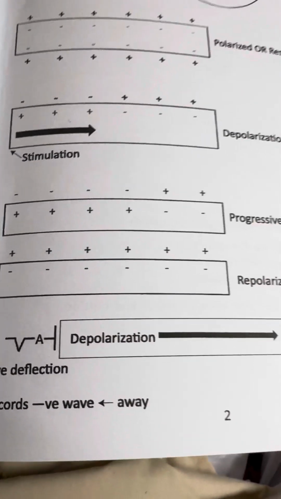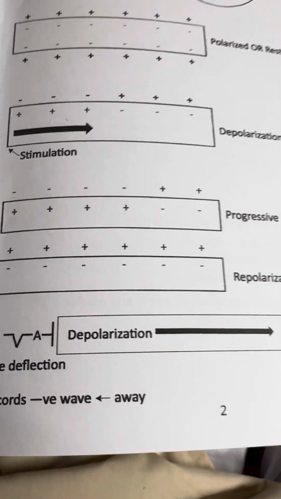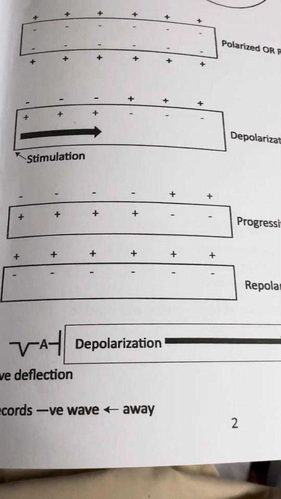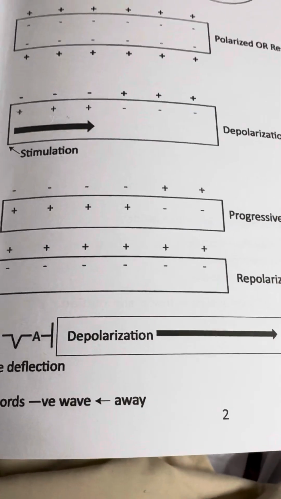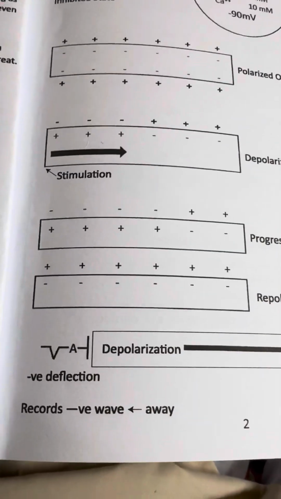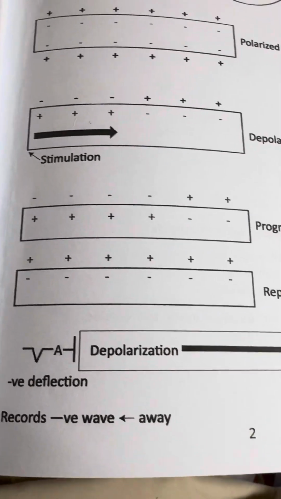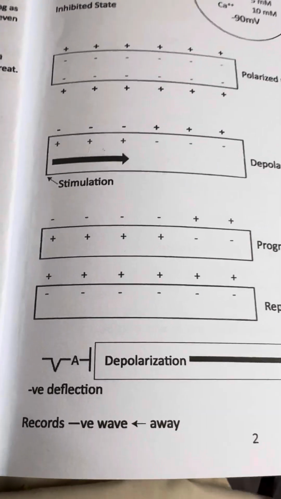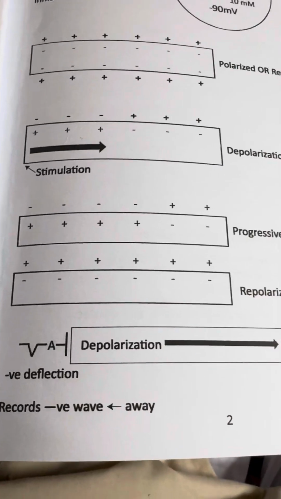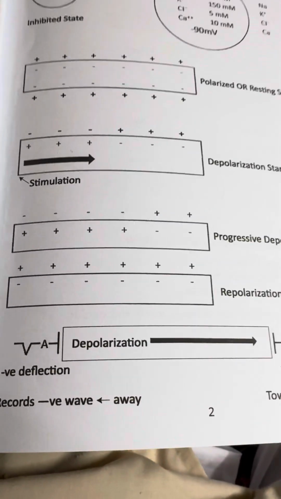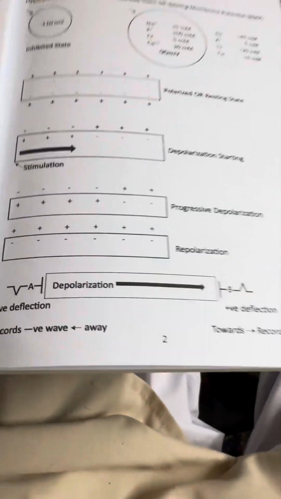That is the normal, that is positive outside and negative inside. This reshuffling is known as repolarization. So in the end, when the charge reaches its destination, again everything comes back to normal, and that is repolarization.